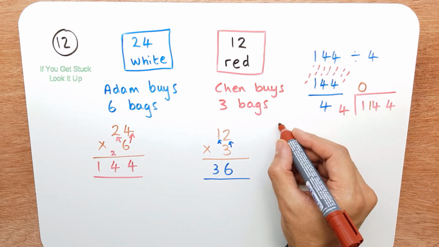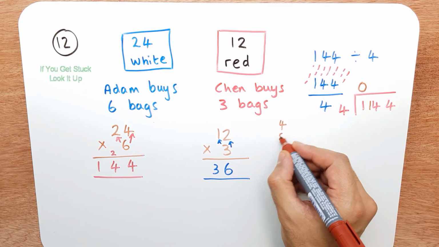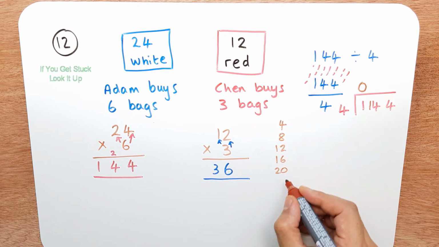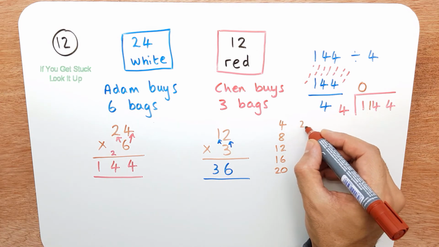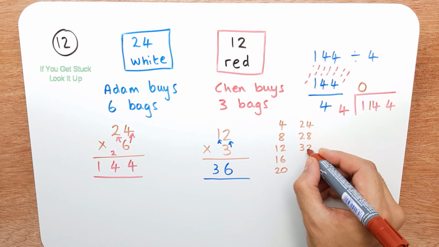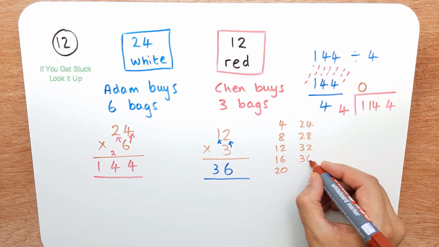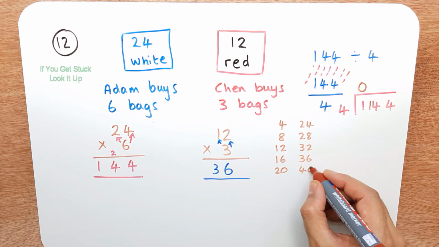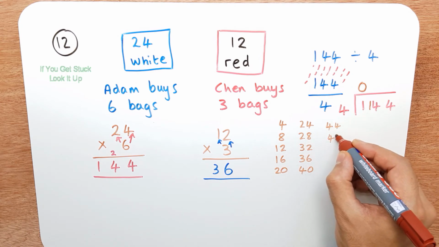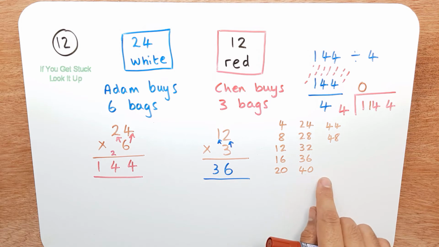So if I did my 4 times table, 4, 8, 12, 16, 20, 24, 28, 32, 36, 40, 44, 48. So that's my 4 times table.